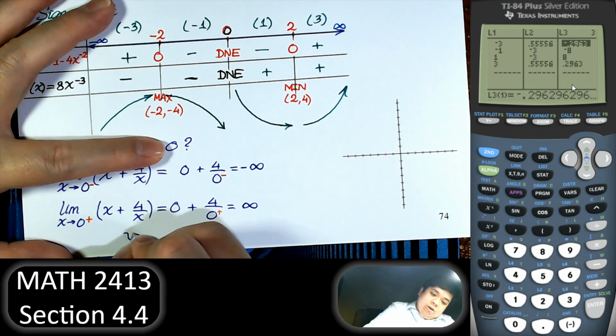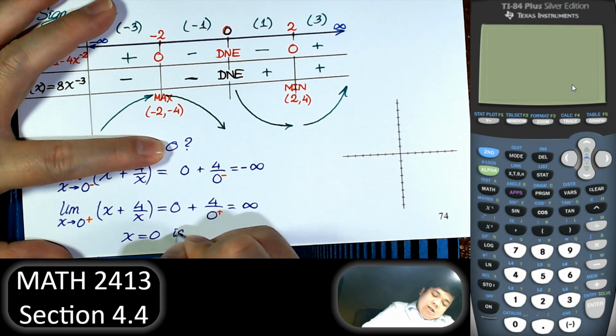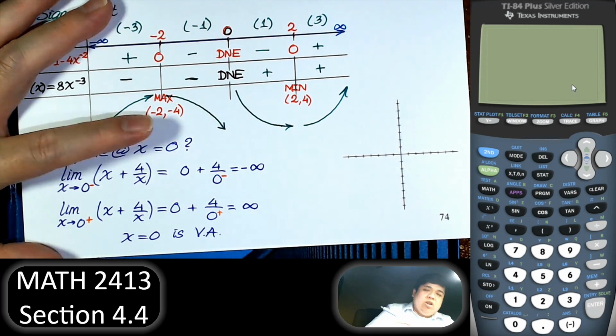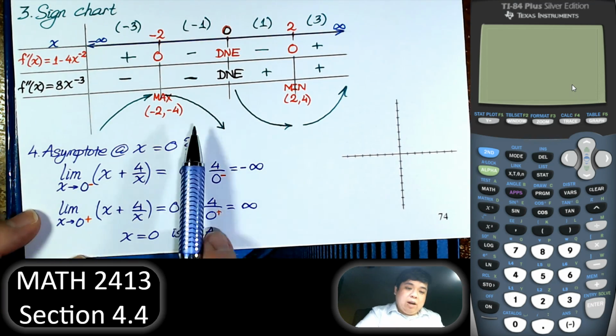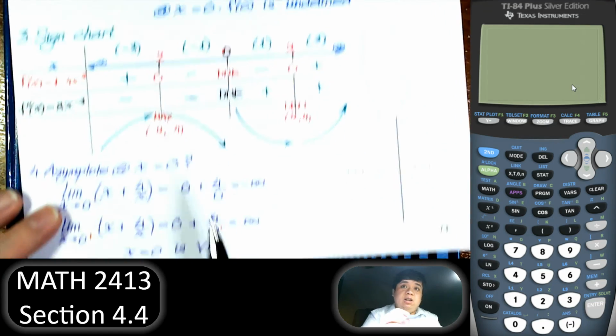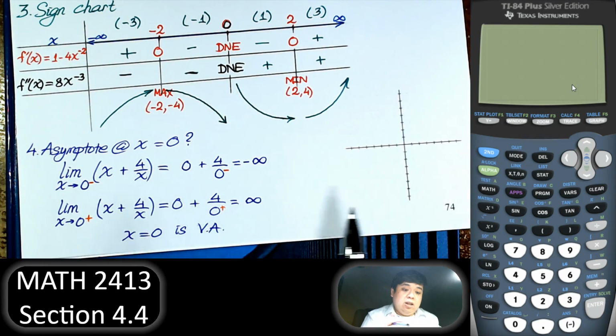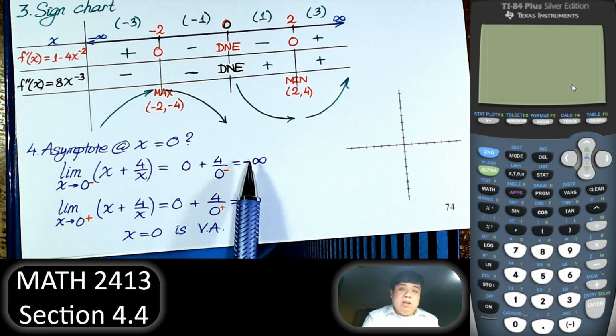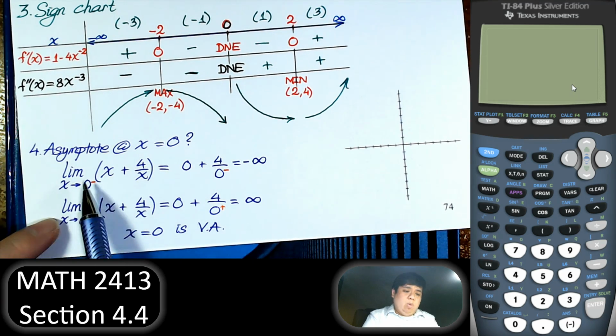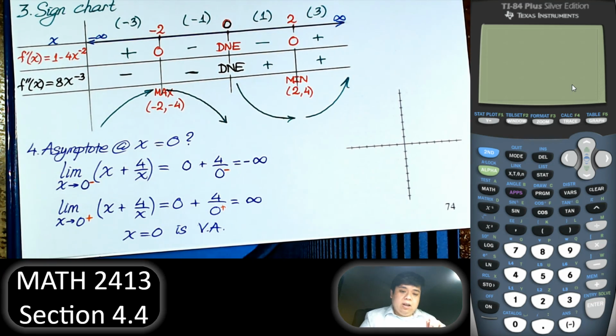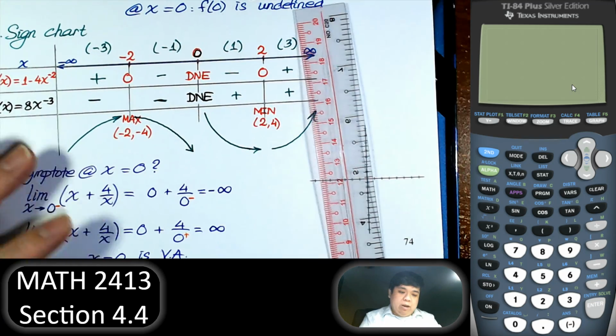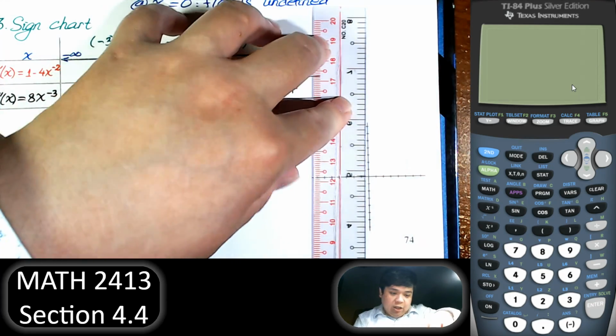So x equal to 0 is a vertical asymptote. So just check the limit when x goes to the point where the function is undefined. If the limit goes to infinity on either side, then we have the vertical asymptote. Right. So we know we have the vertical asymptote at x equal to 0.